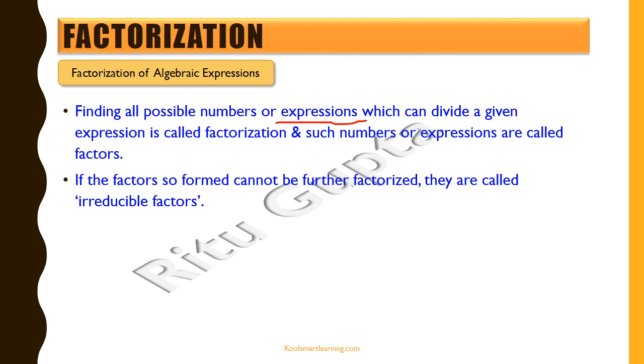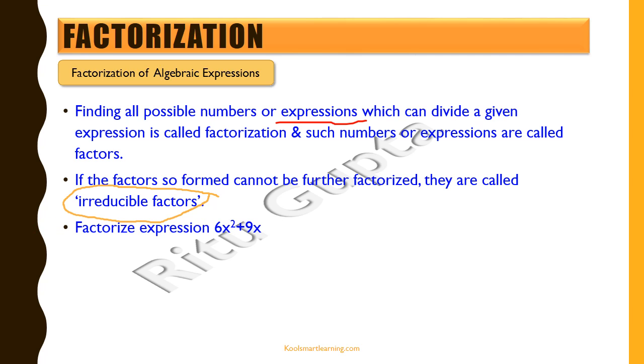If the factors so formed cannot be further factorized, they are called irreducible factors, as against the prime factors which we used to call for the numbers. Here we do not call them prime factors, we call them irreducible factors. That means they cannot be further reduced.